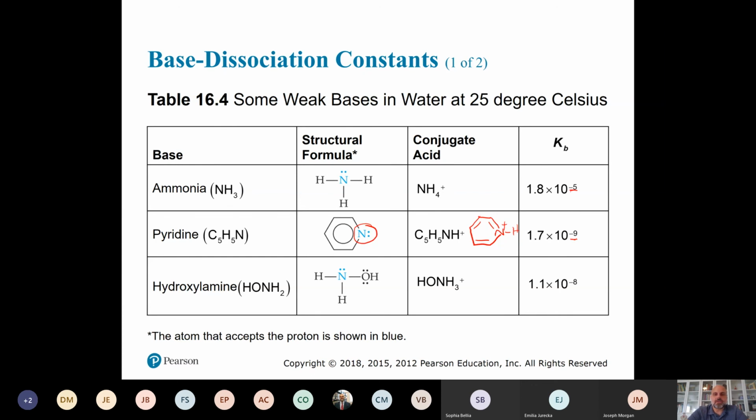And you can see last this hydroxylamine. Simply from swapping a hydrogen for a hydroxide, we have a dramatic loss in basicity.